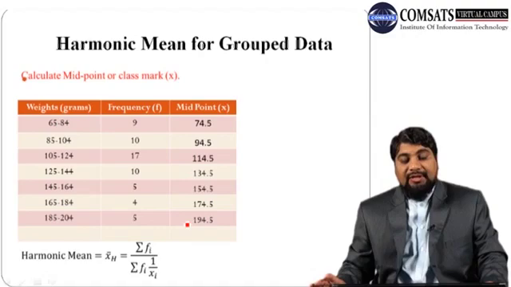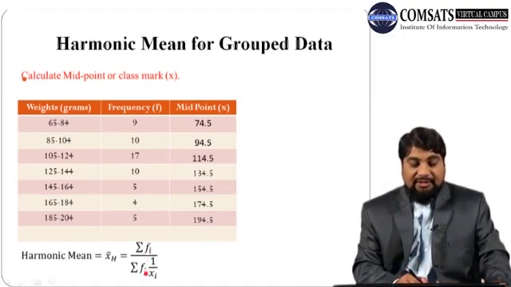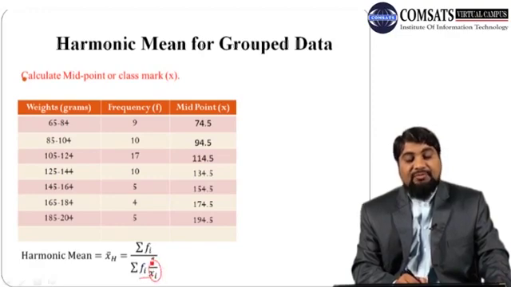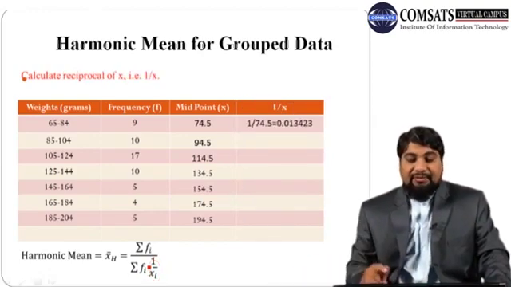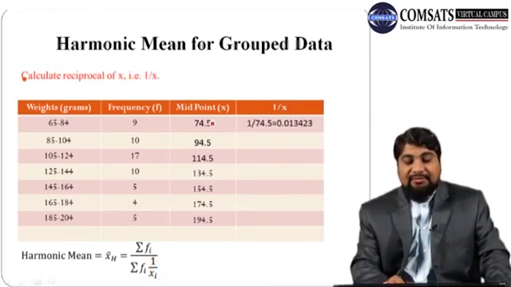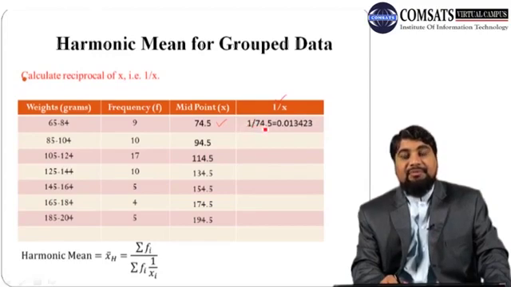So once we have the midpoints, next step is to calculate the reciprocal of midpoints, 1 over xi. So it means 74.5 is the first midpoint. So for 1 over xi, construct a new column, and the first entry will be 1 over 74.5.